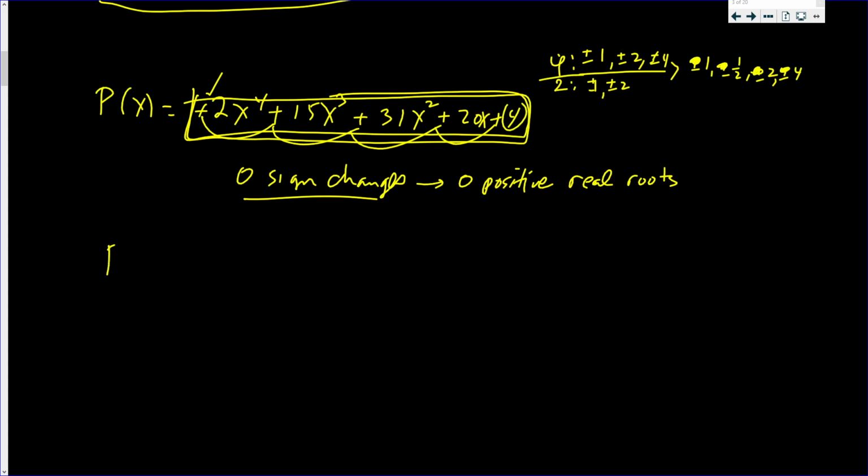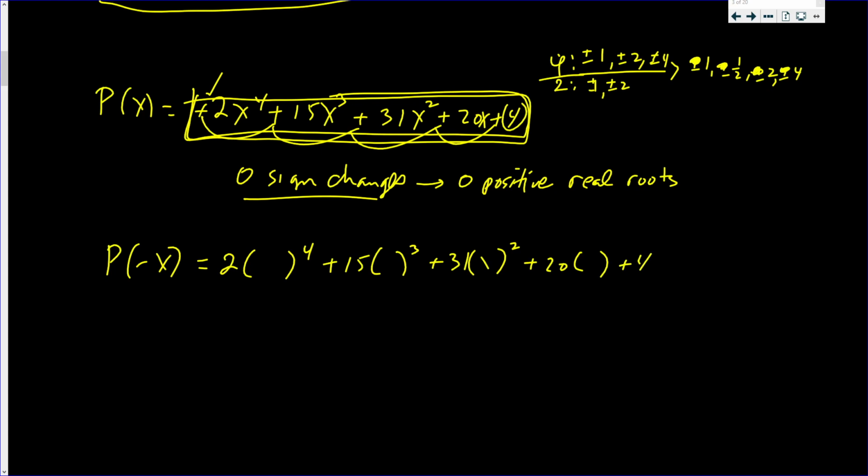Now, let's look at P of negative x. Hopefully, it too has 0 sign changes, which would mean that all the zeros or roots are imaginary. So you have 2x to the 4th plus 15x cubed plus 31x squared plus 20x plus 4.